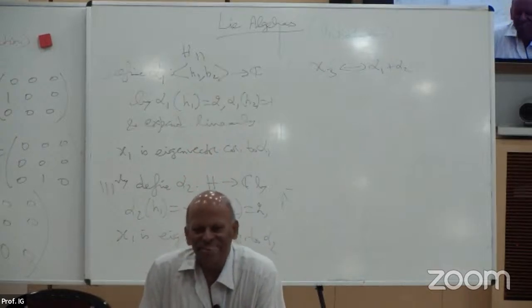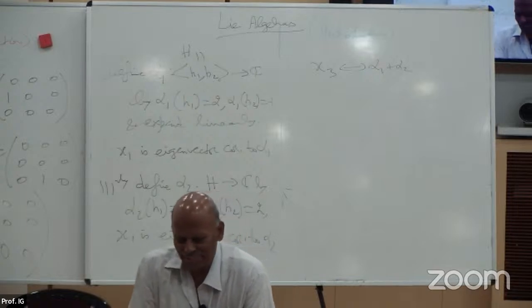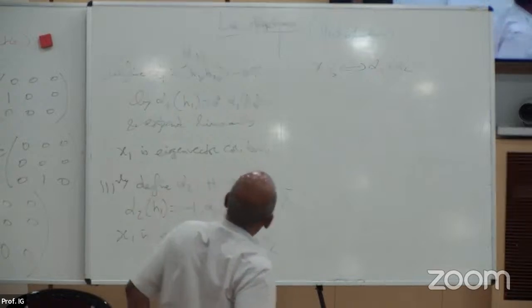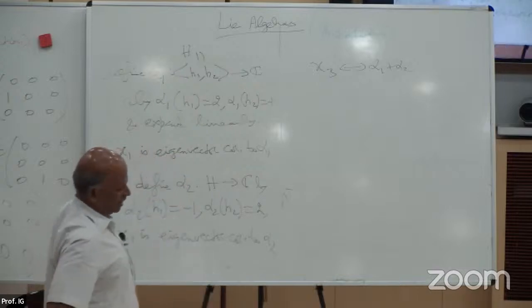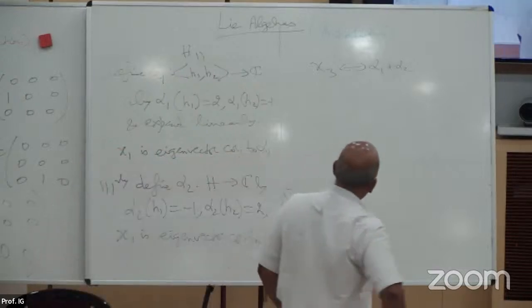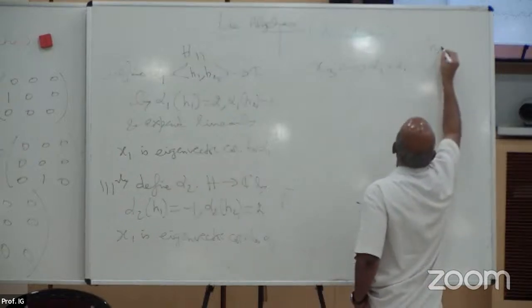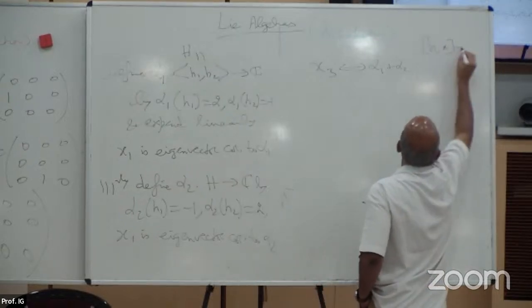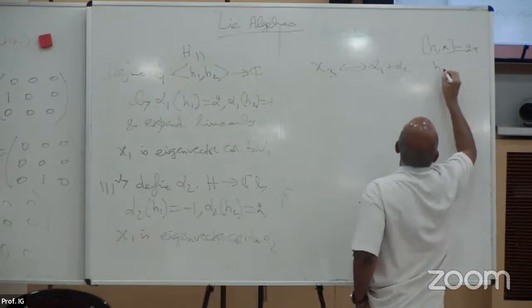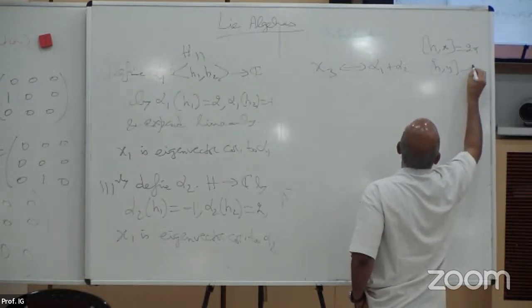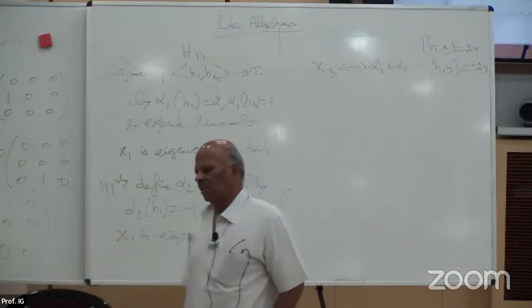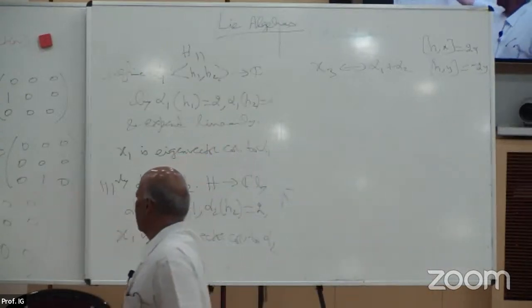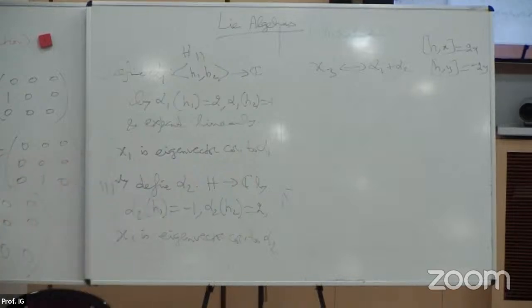Of course, it requires calculation. It's not very difficult. And similar to whatever was happening in the SL2 case, you remember Hx was 2x, Hy was -2y. And we know that here this is an SL2.